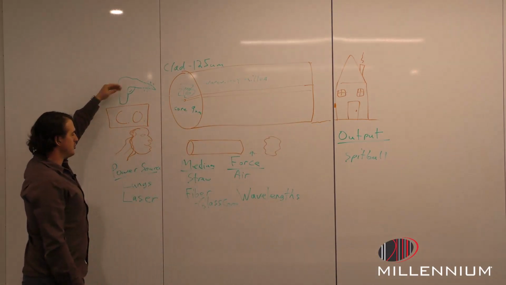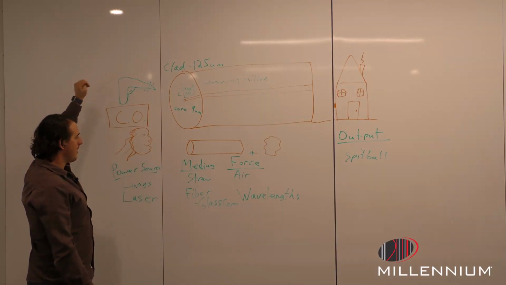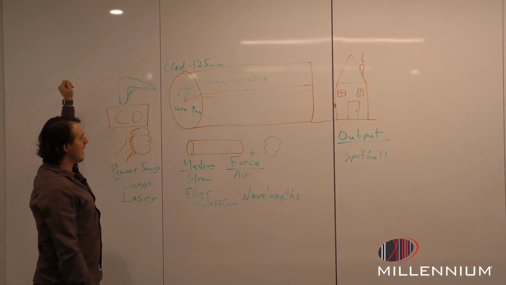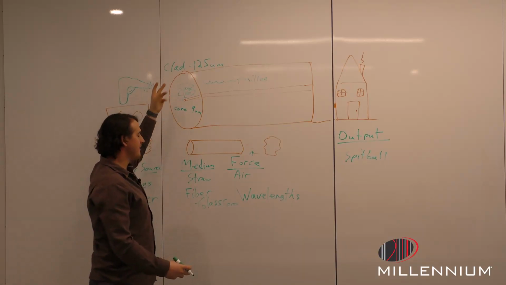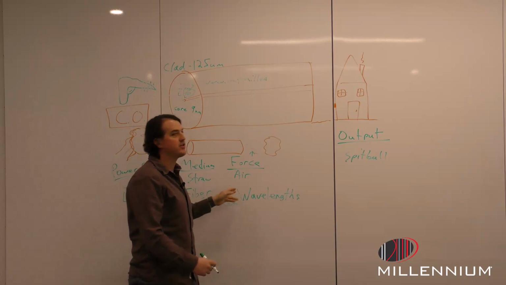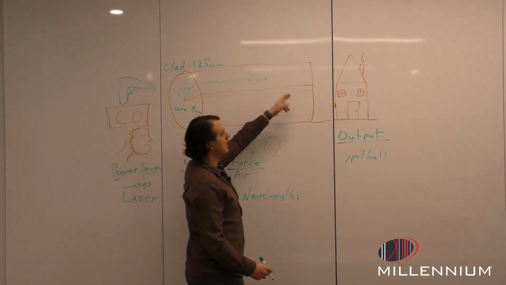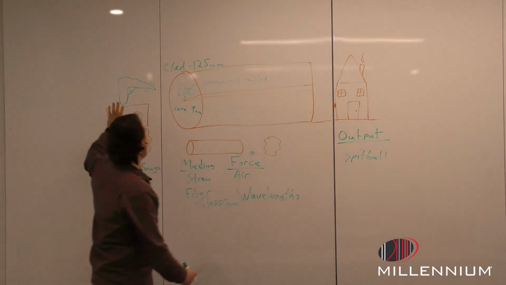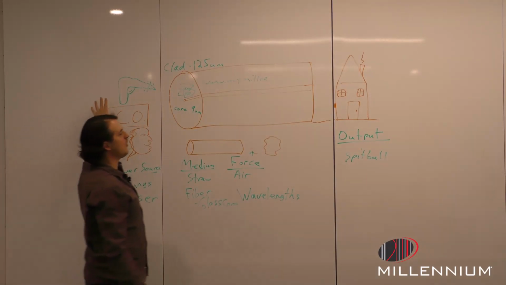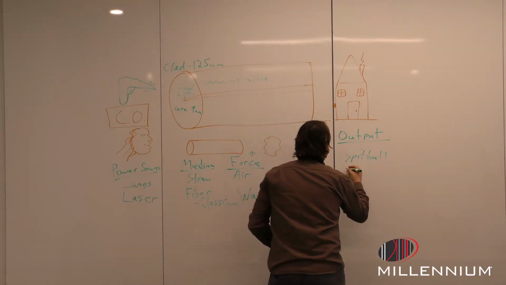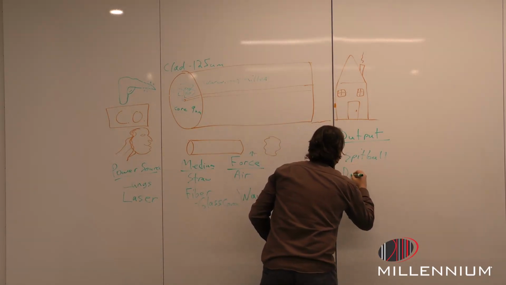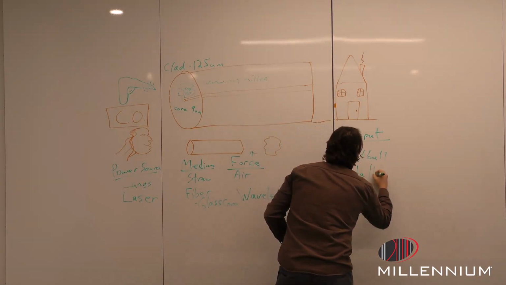So we shoot our laser. That's the power source. And it goes into the fiber cable. That packet of information is being pushed by wavelengths, ultimately going from our CO, central office, over to our house. So our output is data or packets.